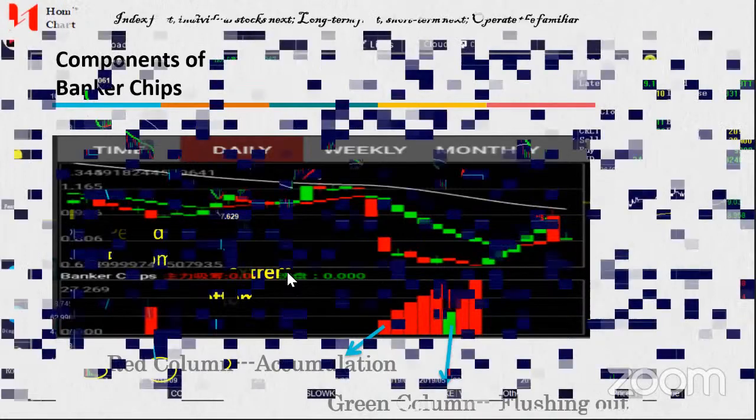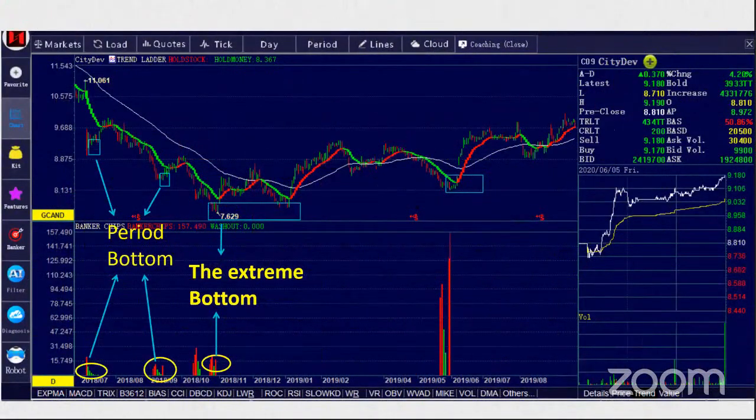Then how is it going to help us catch the period bottom or the extreme bottom? Just to show you an example. So we see this is medium term to long term downtrend. In the first window, the indicator here is the trend ladder. Trend ladder is the trend indicator in the real-time chart which I like the most.